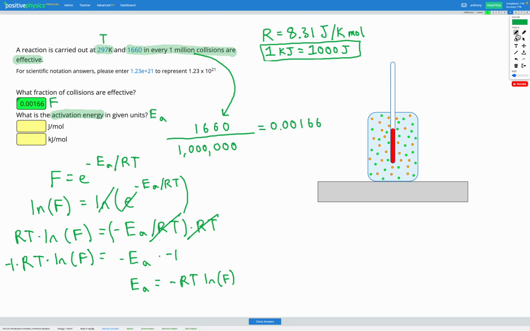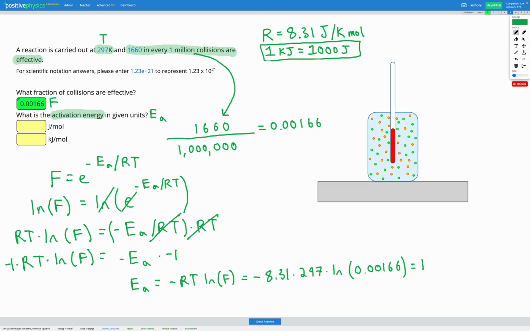So now we can go ahead and put in our numbers. We've got negative R. Remember, R is a constant, 8.31, multiplied by T, the temperature in Kelvin, which is 297, multiplied by the natural logarithm, ln, of F, the fraction of effective collisions, which we already calculated was 0.00166. So we put that all into our calculator.